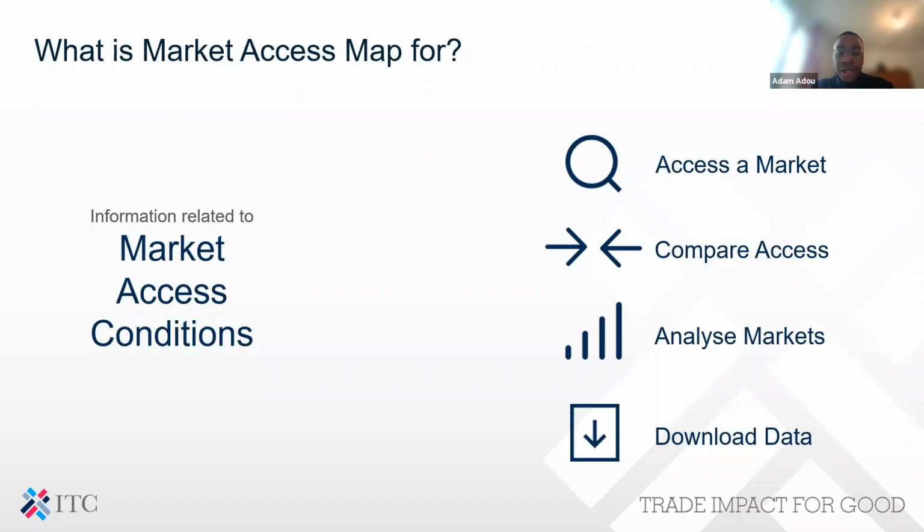The analyzing module is to go more in depth in terms of analysis of this market access for all those countries. And the last one, if you now want to make your own computation and go further in your analysis, you will be able to download the data on request for a specific product or group of products.